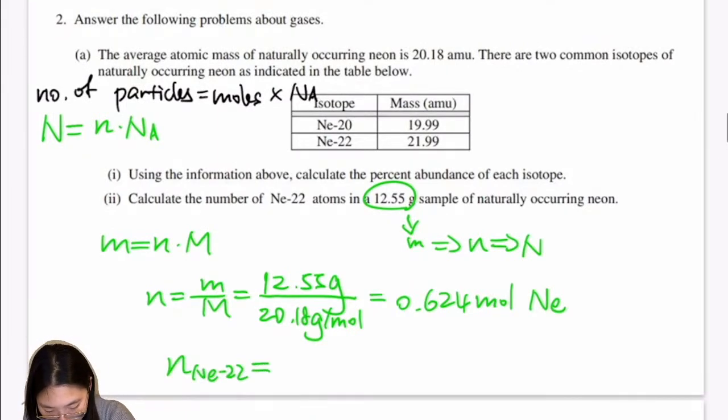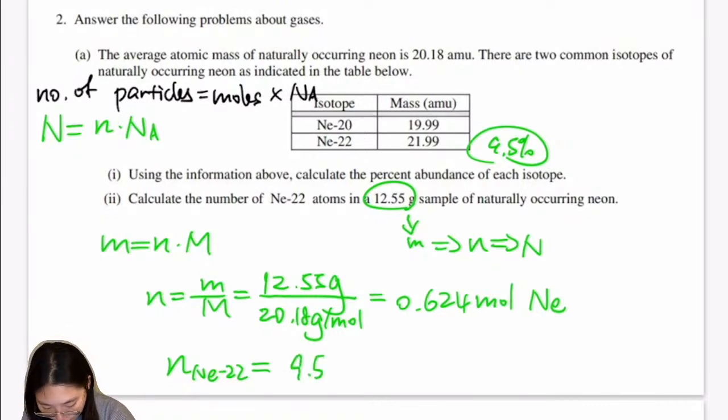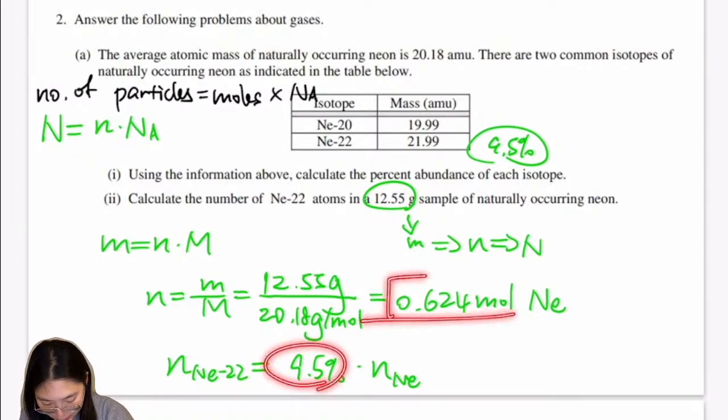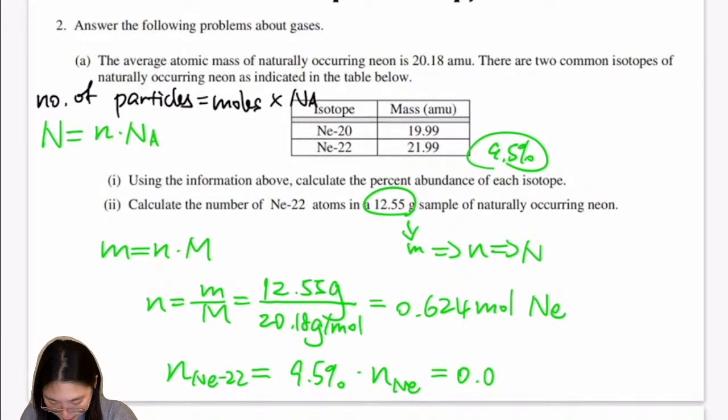Neon-22 occupies 9.5% of the whole sample of neon, which means the number of moles of neon-22 should also be only 9.5% of the number of moles of the whole neon sample. So it's 9.5% times 0.624 moles, and that is 0.0593 moles.